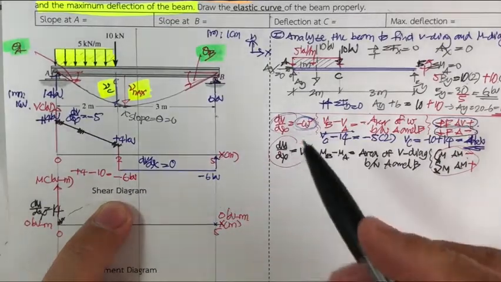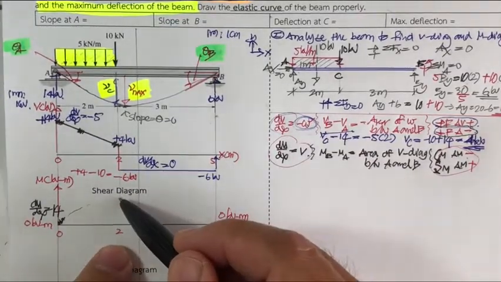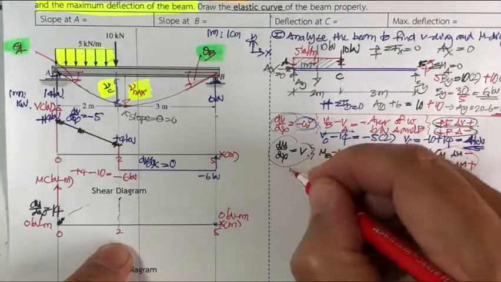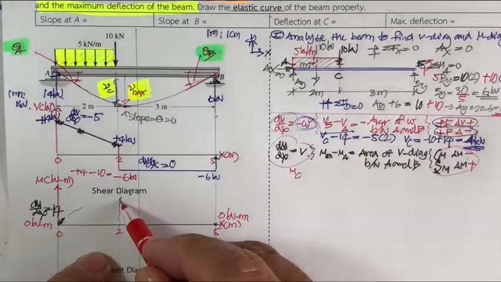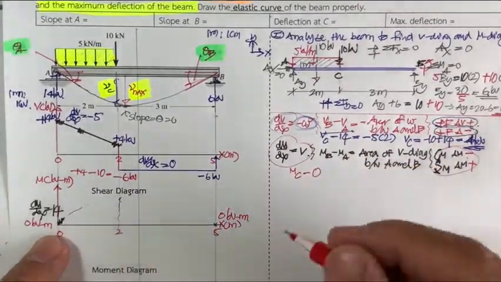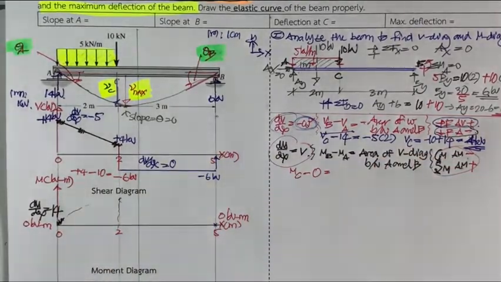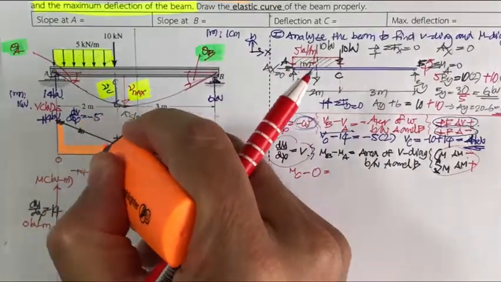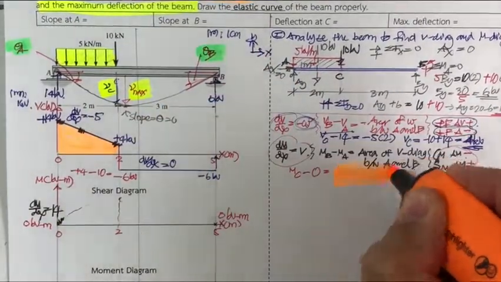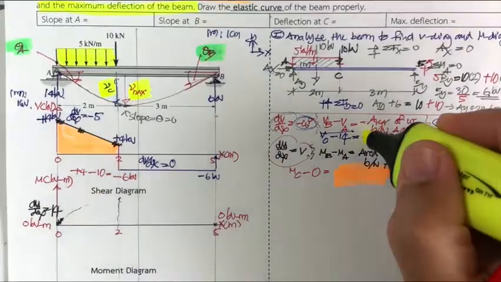And what is the value of M here? We don't know yet. So what we have is M sub C minus 0, and it's going to be equal to this area.